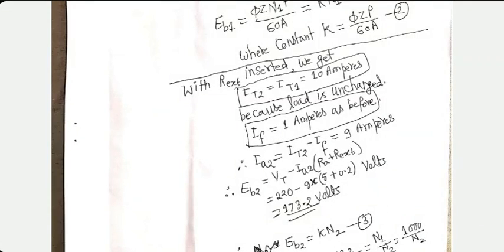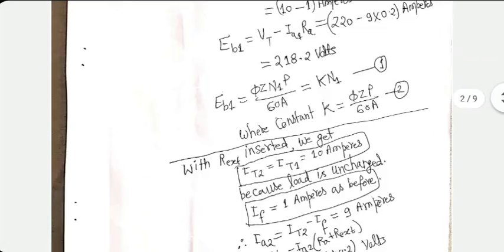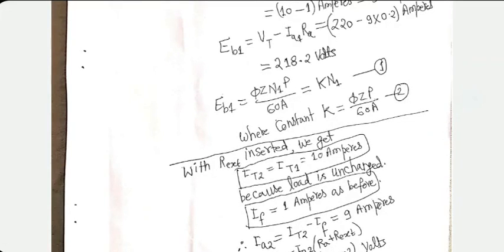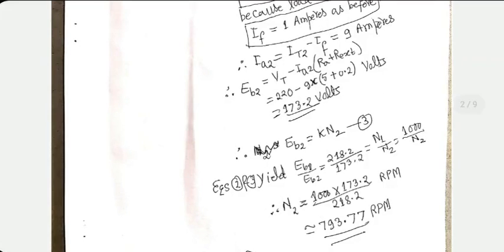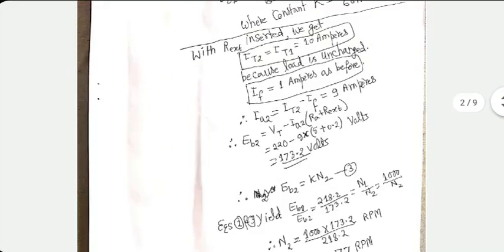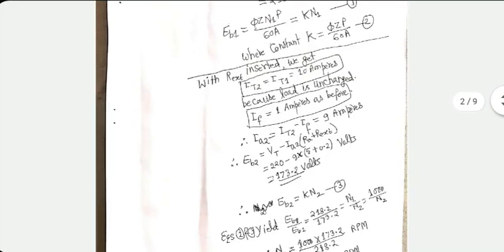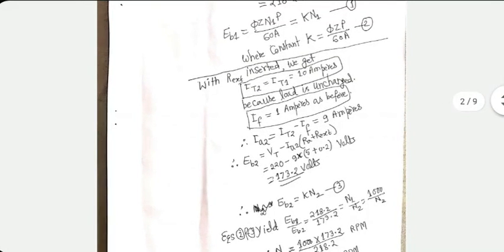So EB2 is K times N2. K is the same as in equation 2. So now you take equation 1 and equation 3. EB1 divided by EB2 is N1 divided by N2.